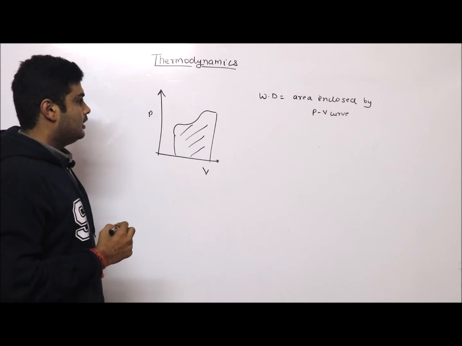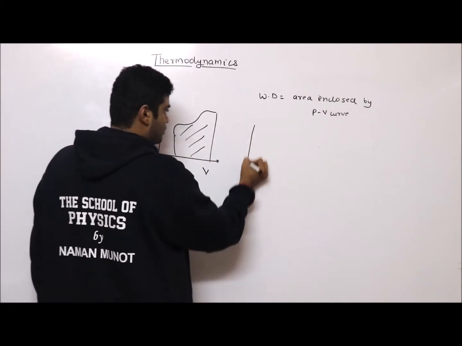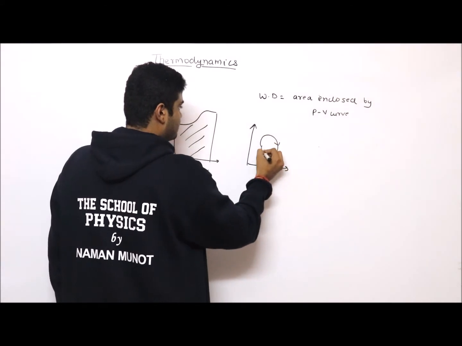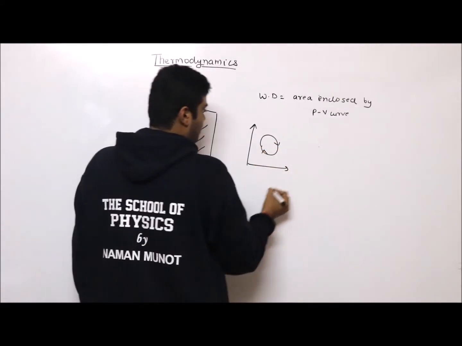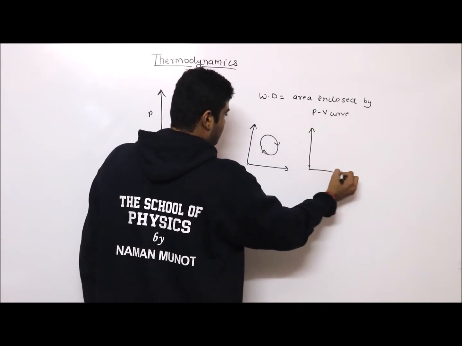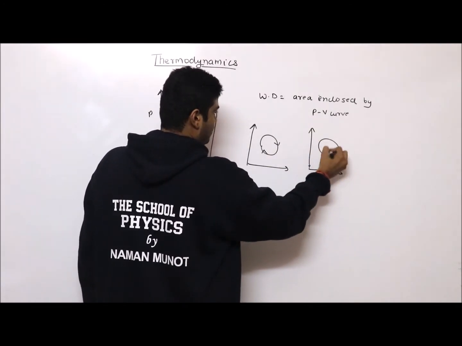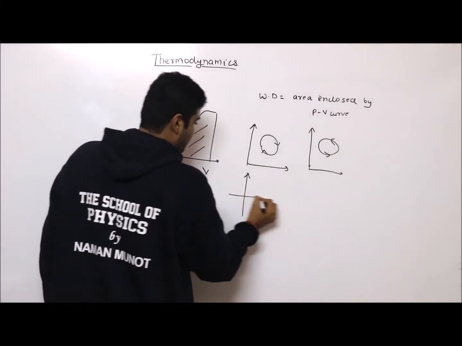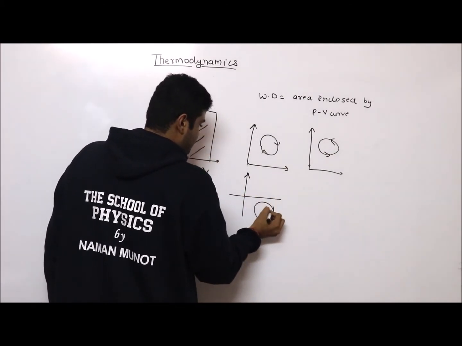Then there can be cyclic processes also. Work done can be cyclic like this, clockwise or anti-clockwise. Work done can be above the axis or even below the axis.